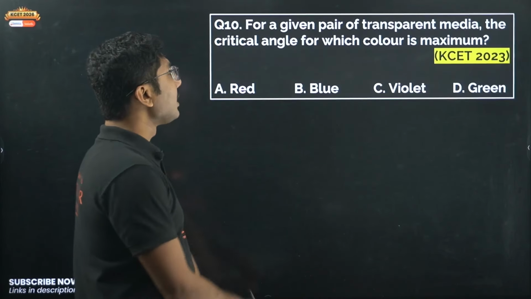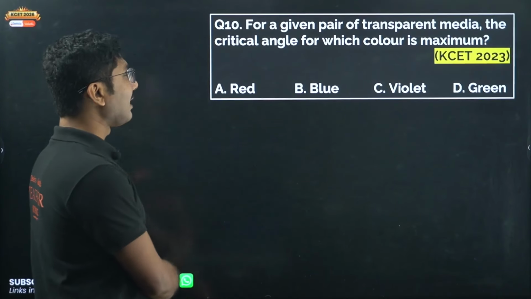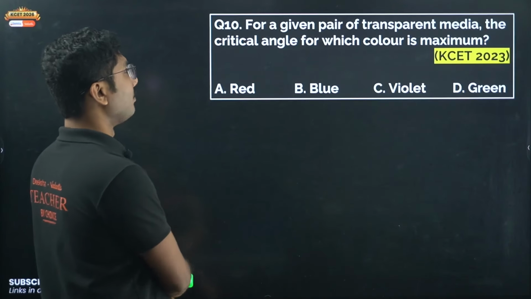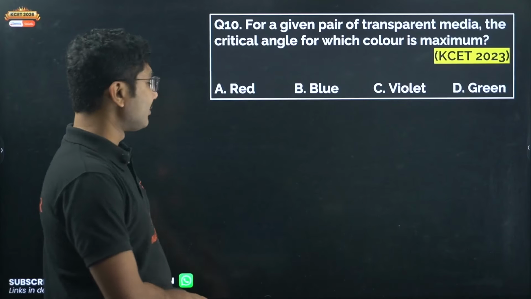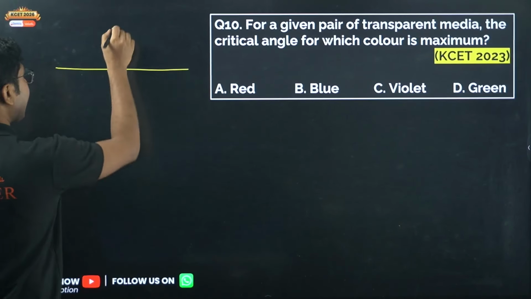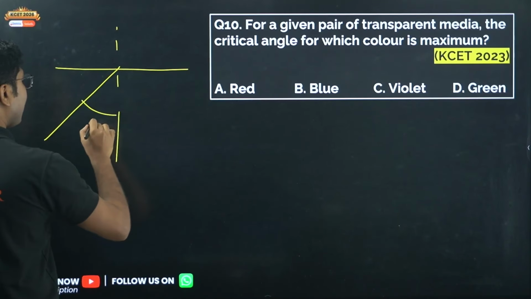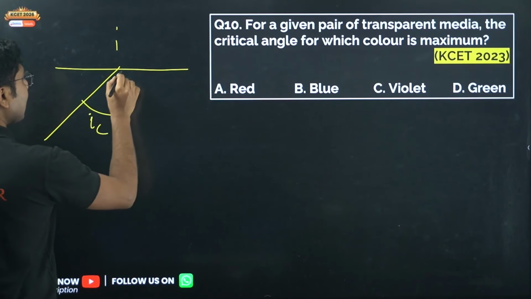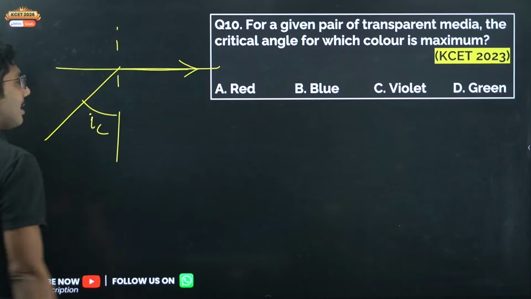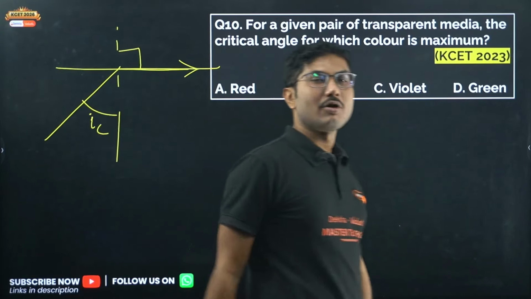Next, for a given pair of transparent media, the critical angle is maximum for which color? So first of all, what is critical angle? If you forget, when a ray of light is traveling from denser medium to rarer medium at a particular angle iC, the ray of light passes grazing through the surface separating the two media, and that is called the critical angle.